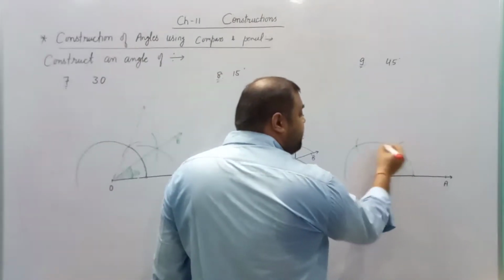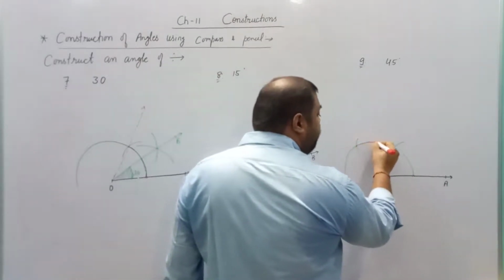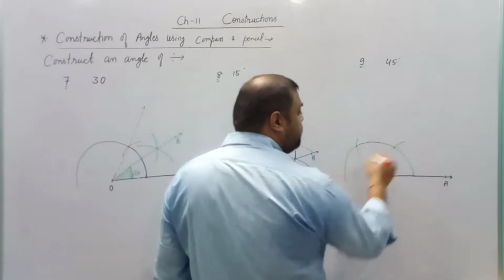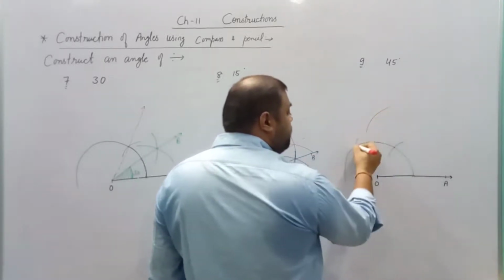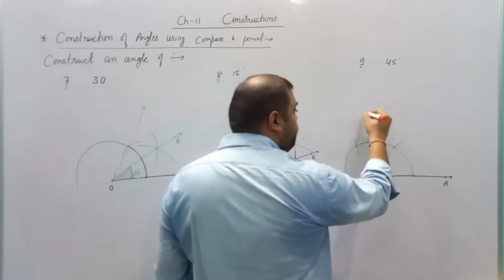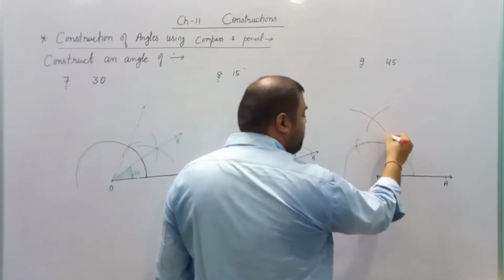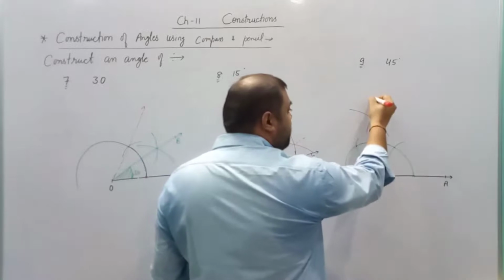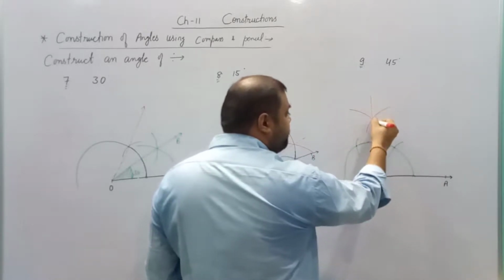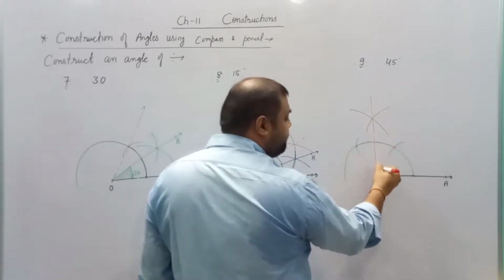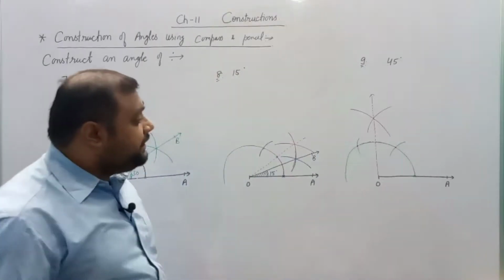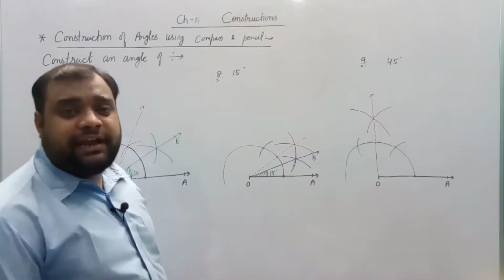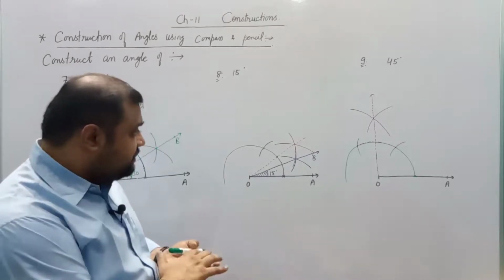Taking this point as center and more than half of this arc, draw an arc, taking this point as center and more than half of this arc, draw another arc. So this angle is 90. Now we have to construct an angle of 45 degrees.